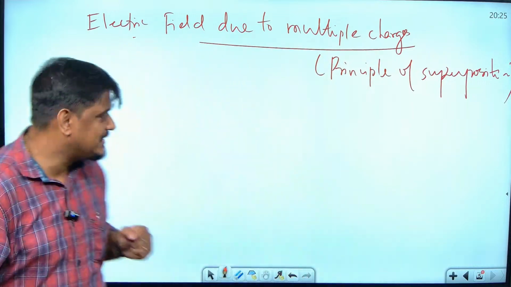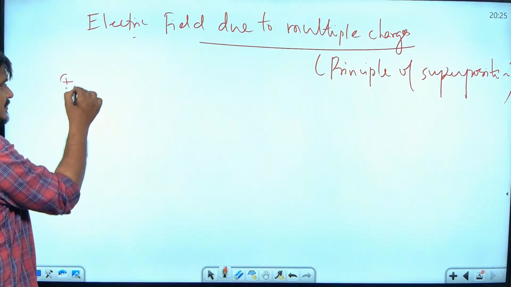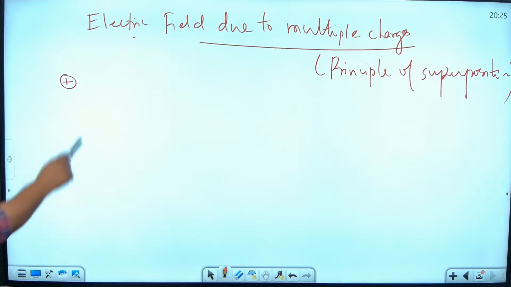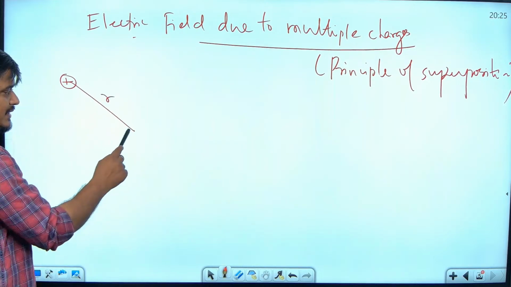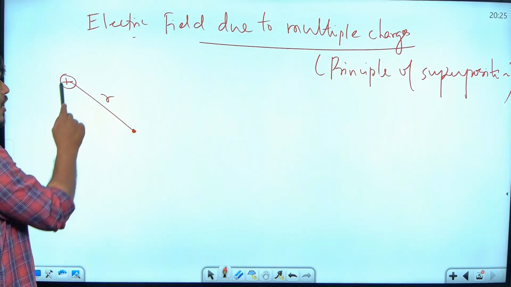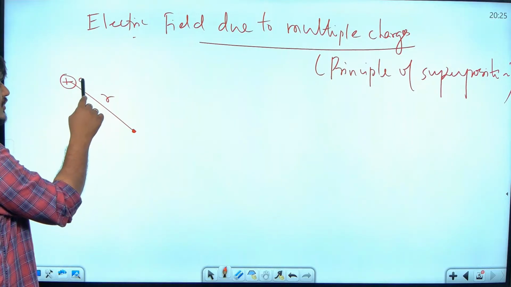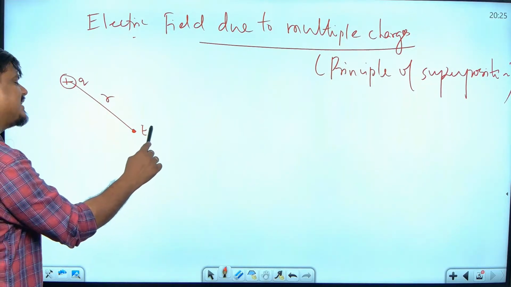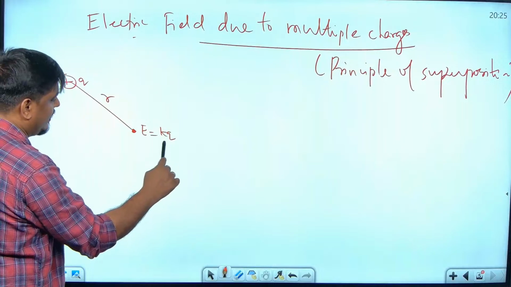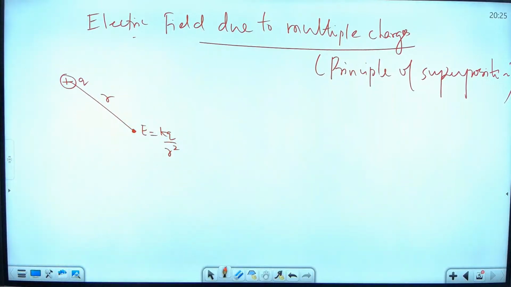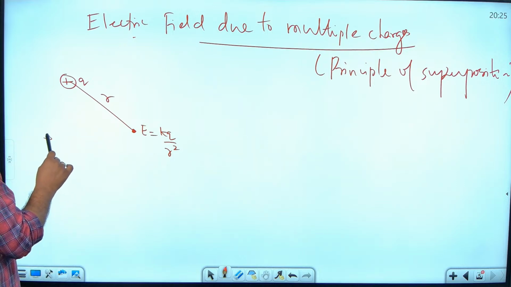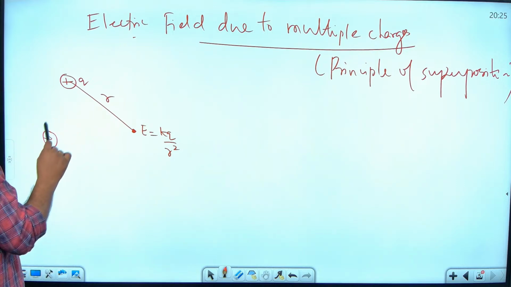So, for example, if I have a charge here, and if I go r distance away from it, to this point, suppose the charge is plus q. How much is the electric field here? You can say yes, it is kq by r square, no problem at all. But what if another charge is there whose value is 3q?